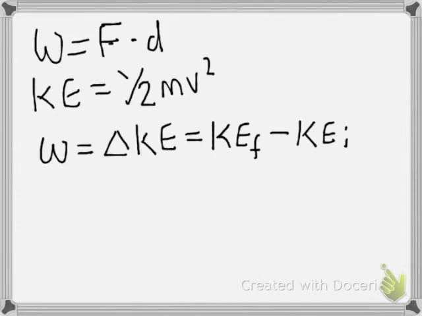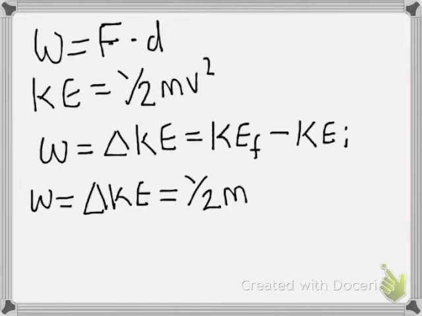So what about final kinetic energy and initial kinetic energy? We're still going to use the kinetic energies here, but we're going to sub in the formula for it. So we have work is equal to change in kinetic energy. We're just going to sub in the other variables.